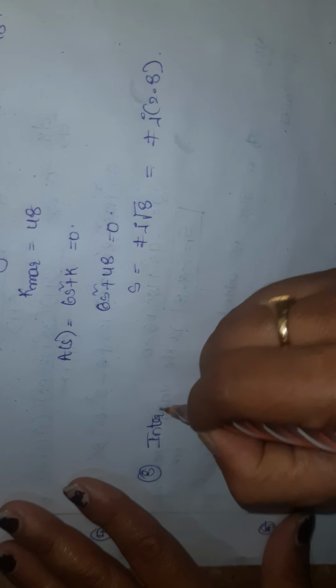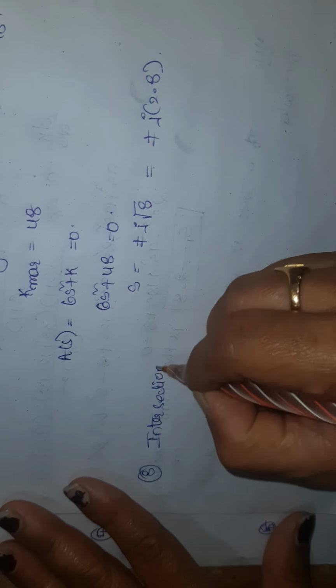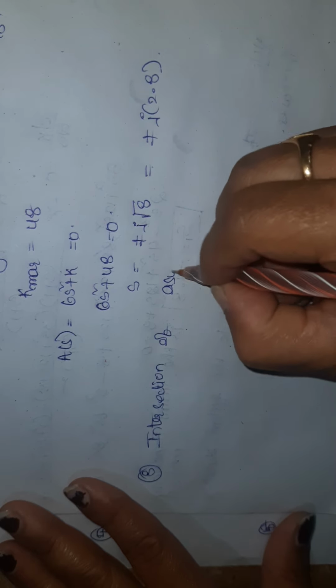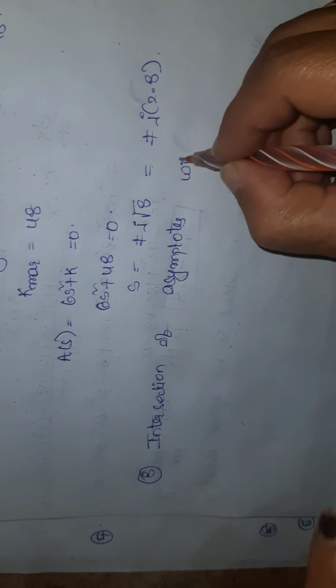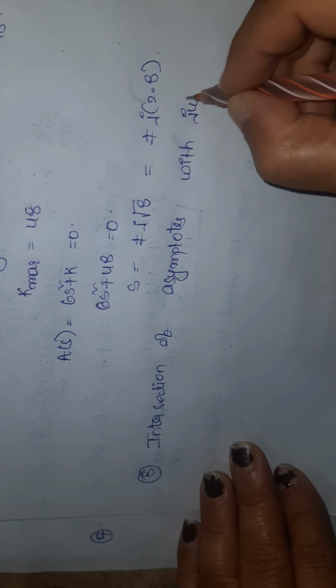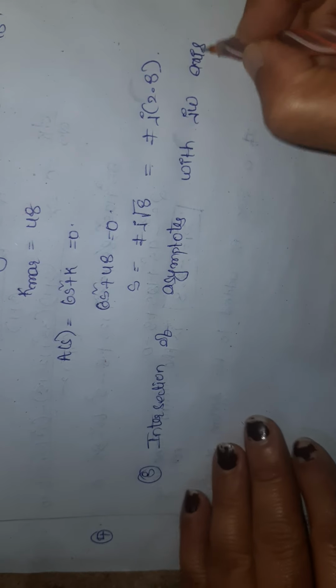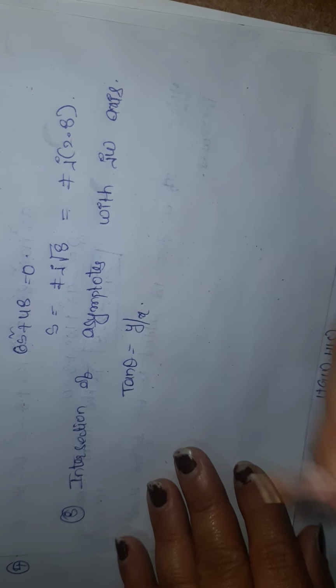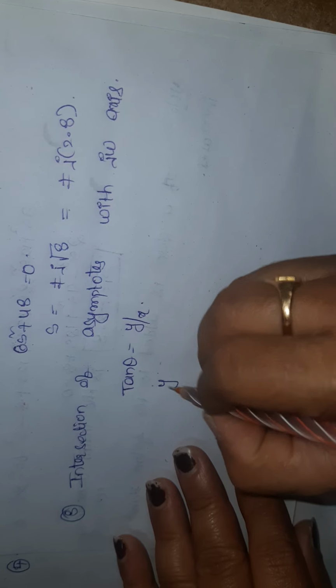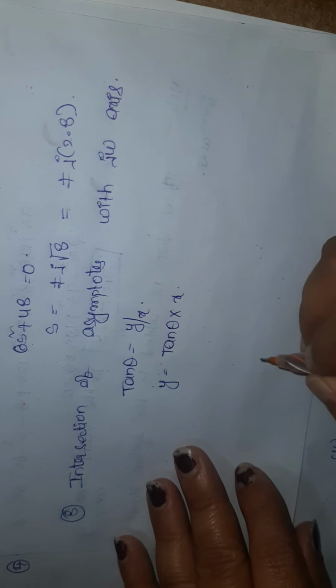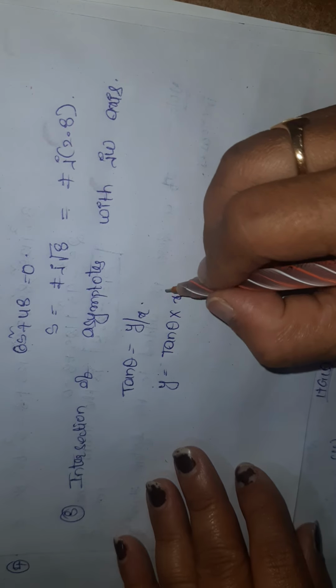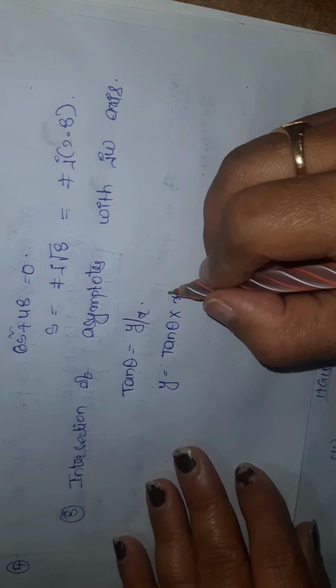It is calculated using the formula tan theta equals y by x. So y is equal to tan theta into x. Here x is nothing but the centroid.